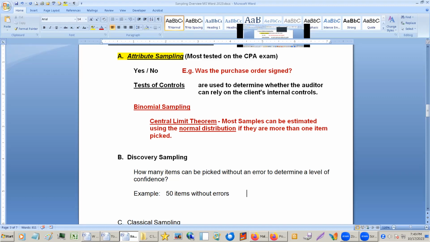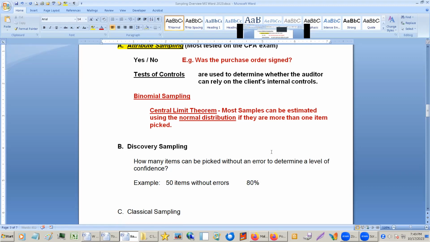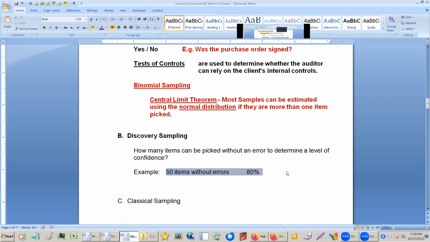Maybe you have an 80% confidence that there aren't any errors in the entire sample. You go up to 100 items without errors, well, you're a little more confident now.